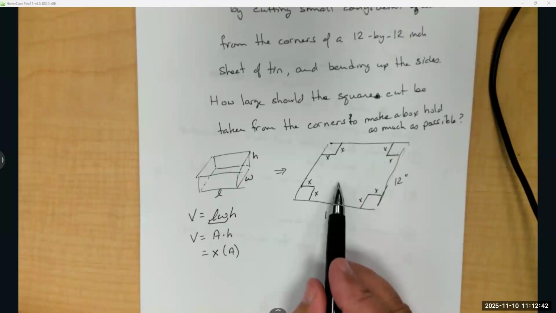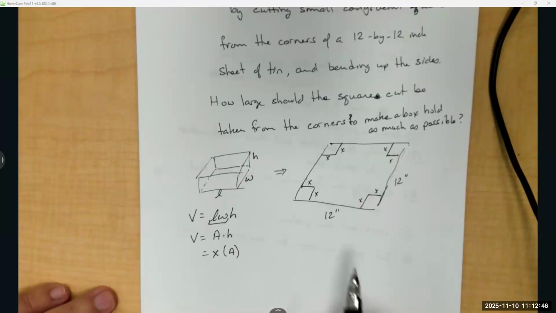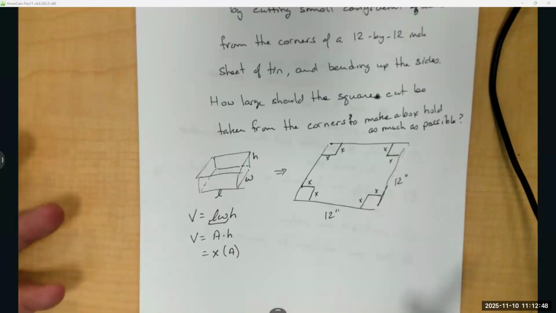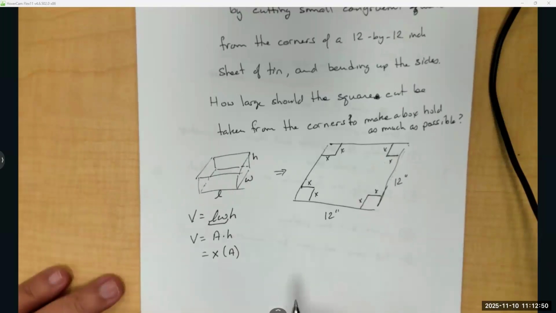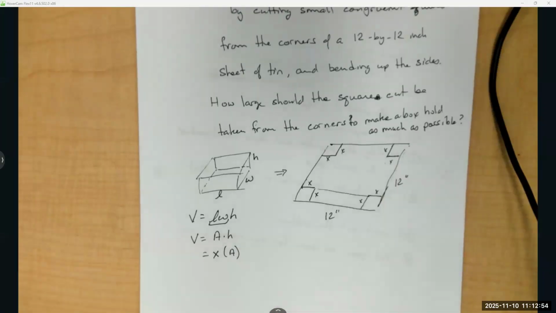Once we finish those, we bend these here, and then we have the sides of our box. Now we have to figure out what formula to use for the area. Fortunately, since it's a square sheet, the area is going to be the same. So what is this length here? It must be less than 12.